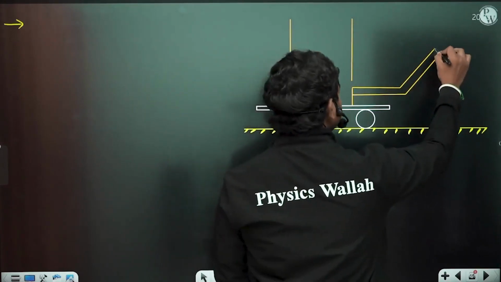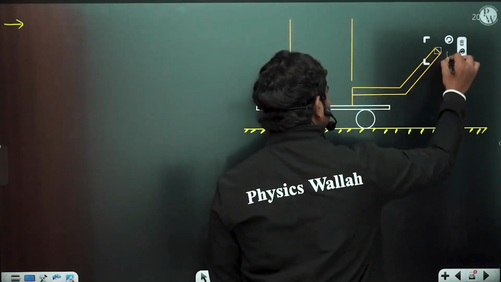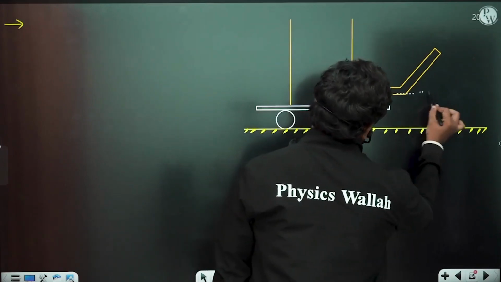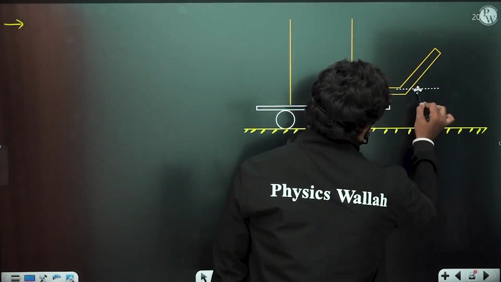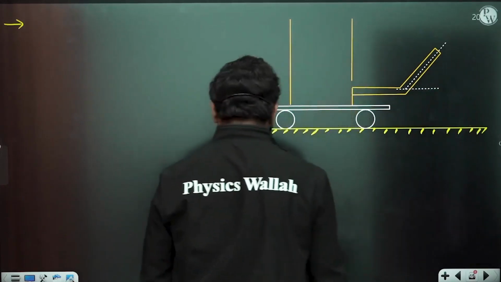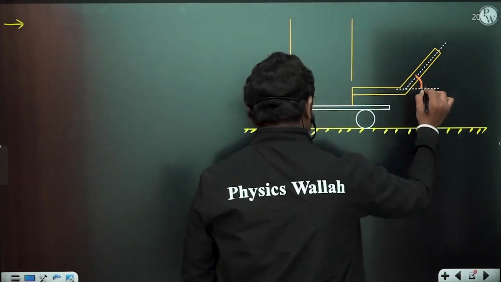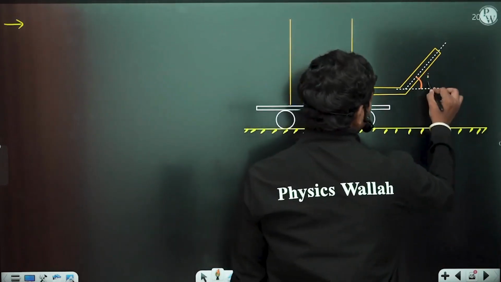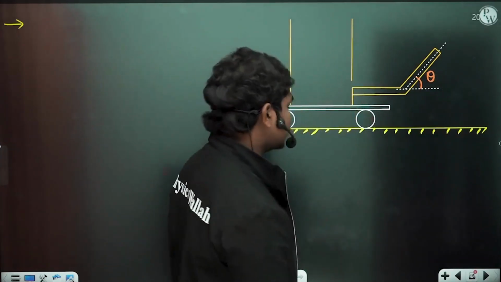Let us suppose there is some edge like this. It's not closed basically. Okay, this is closed, of course. So if you see, this has some angle which it makes. This angle is theta.